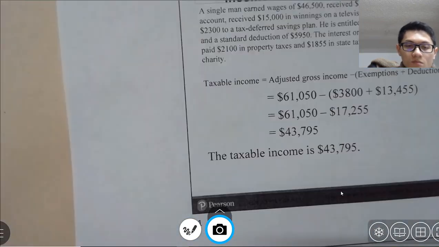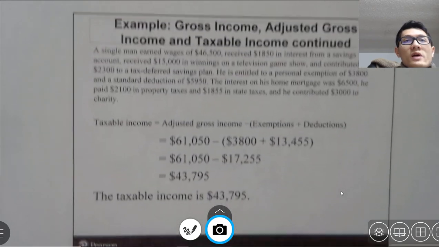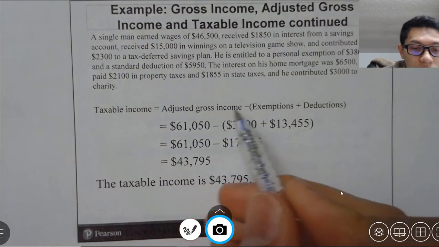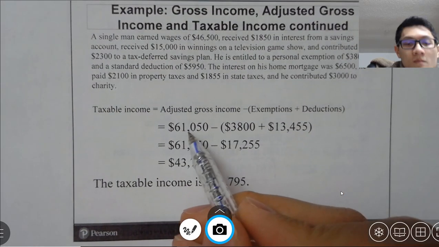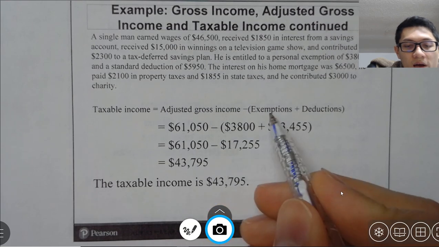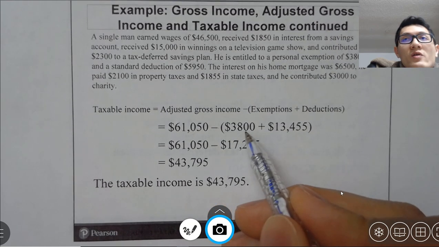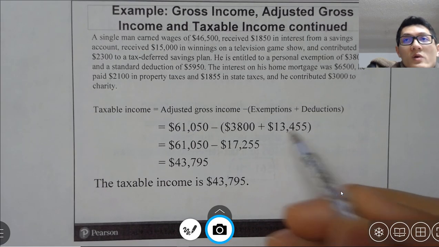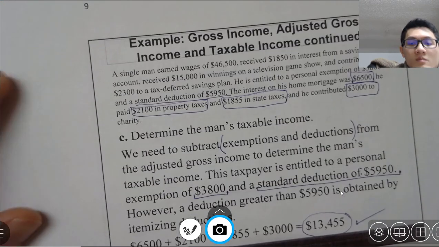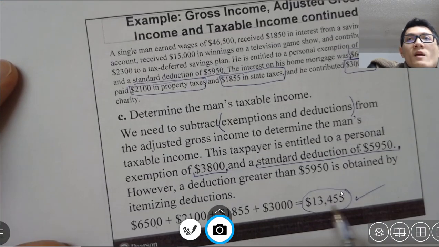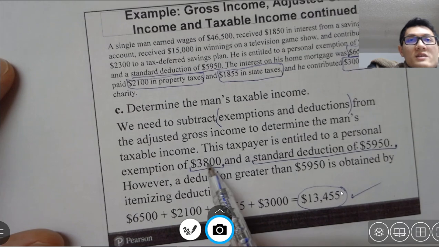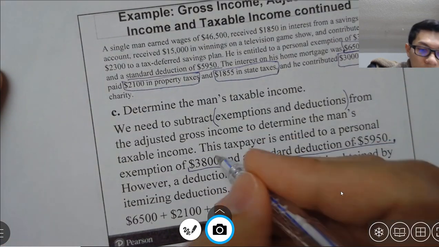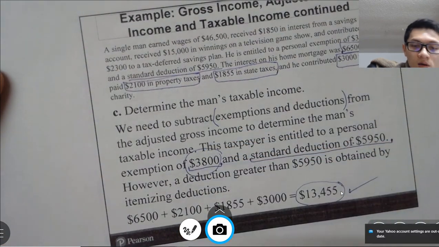So now we take his adjusted gross income you saw earlier minus the itemized deduction that we talked about in the last slide right here, and then 3,800 is the exemption. So we sum this number and this number together.